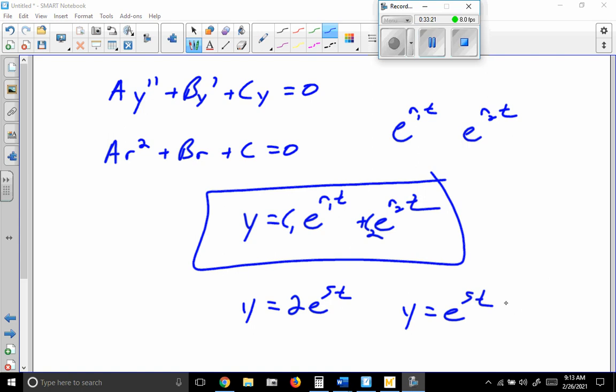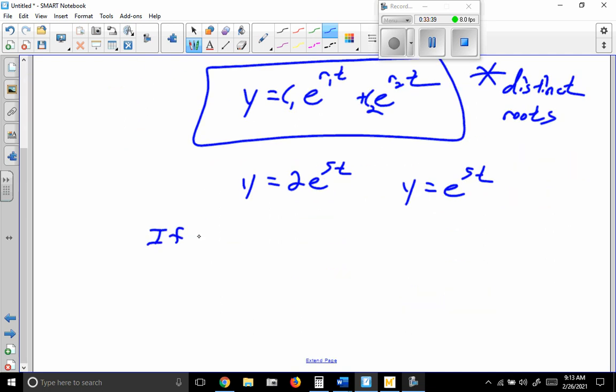So after glancing through, if we have distinct roots, this is the form. So this is for distinct roots. If r1 and r2 are the same, so if it's a repeated root, then our solution is going to be of the format c1 e to the rt. And to get one that is linearly independent from that, but still has that same r, we're going to multiply it times our independent variable.